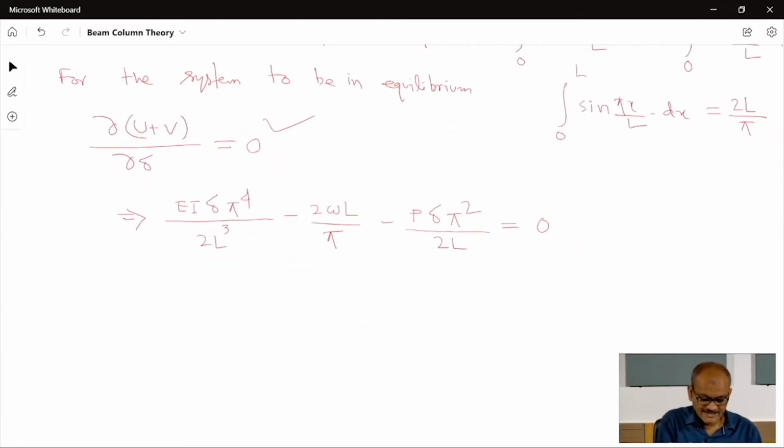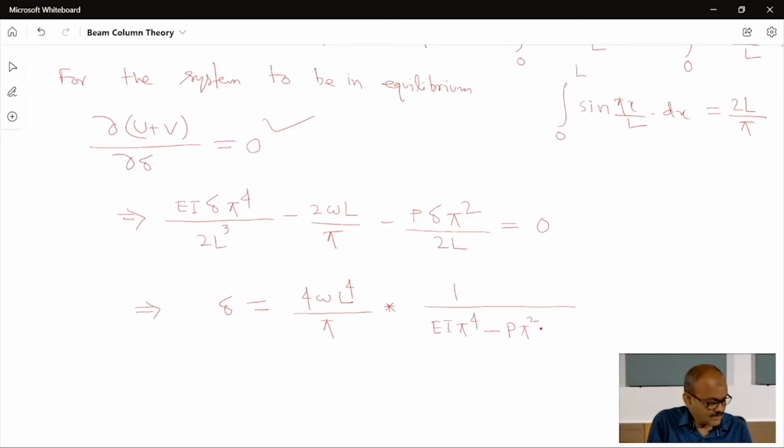So this implies delta is equal to 4W L 4th divided by pi, multiplied by 1 divided by EI pi to the power 4th minus P pi square into L square. So this is the delta value.